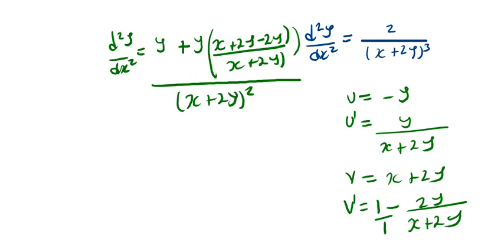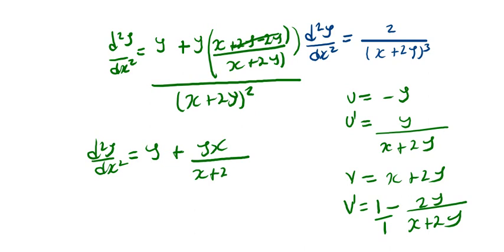So our d2y dx2 is equal to your y plus, at this point you get a 0, so that's going to give you yx, divided by your x plus 2y, like that. So all of it you are dividing by x plus 2y squared.